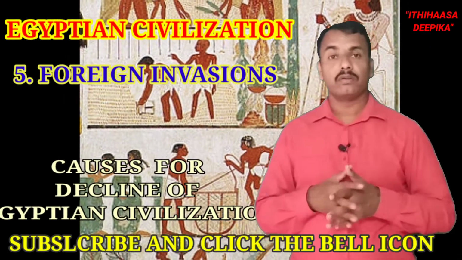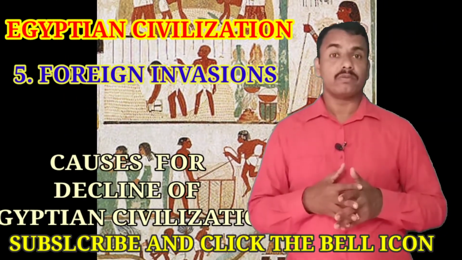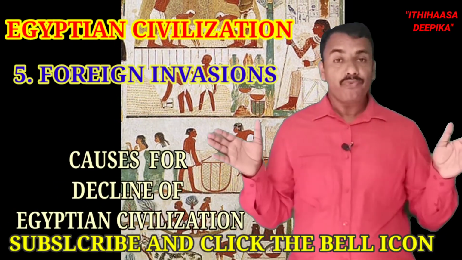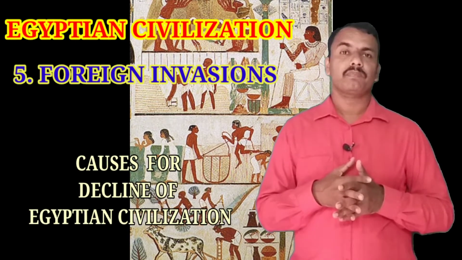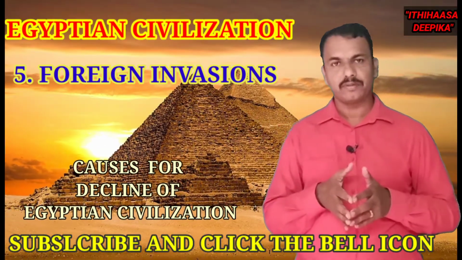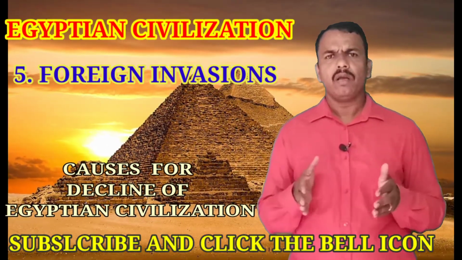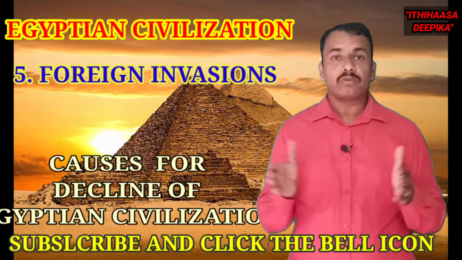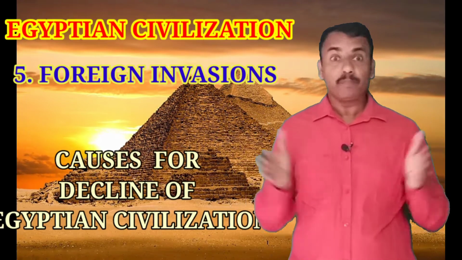The fifth one, foreign invasions. A large number of foreign invaders attacked the Egyptian civilization. For example, the invaders from southern Africa. Of course, Egypt is located in the northern part of Africa.